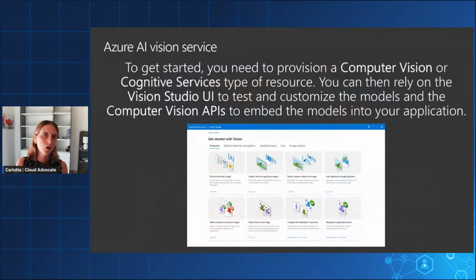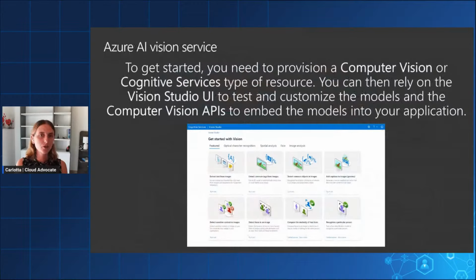And in this case, we are going most probably to choose the computer vision type of resource, or if you need to combine multiple cognitive services, you can create a single resource to centralize resource management and cost management for all the cognitive services you use in your solution.